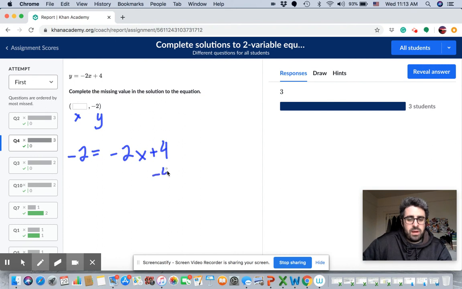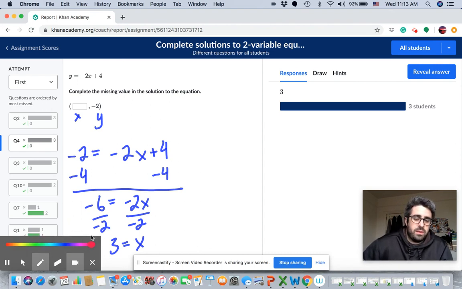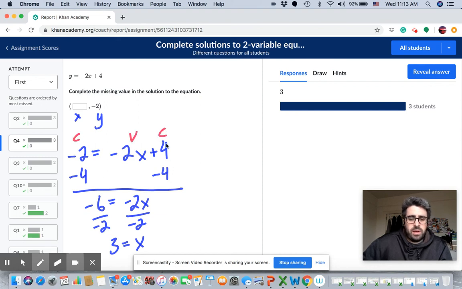I'm going to subtract 4 on both sides to get negative 6 is equal to negative 2x. Divide by negative 2 to get 3 is equal to x. So I might have done that very quickly, but what I did was I have a constant term here, a variable term here and a constant term here. So I want to move all the constant terms to one side of the equation.